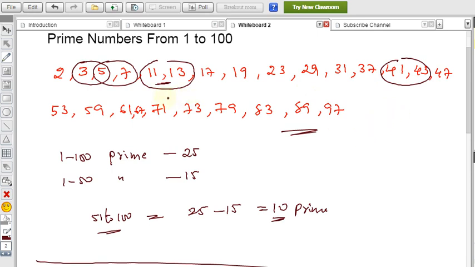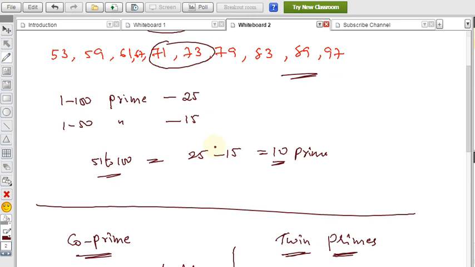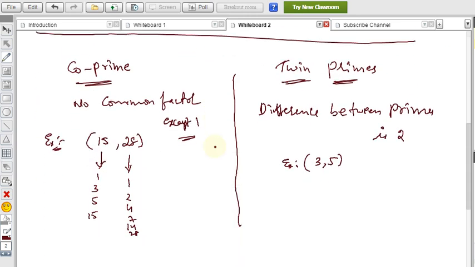Again, 71 and 73 are also twin primes, because the difference between the prime numbers is 2. They are called twin primes. So co-prime is different and twin prime is different. Co-prime means no common factor except 1 between the numbers, but twin primes means the difference between the prime numbers is 2.